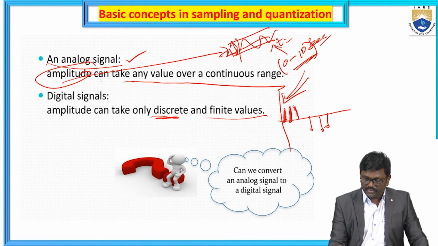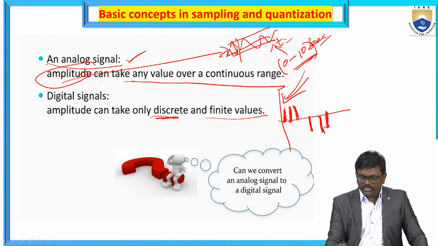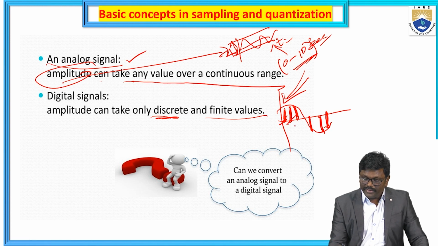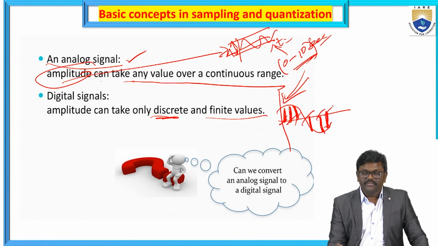These are the instants. This is actually a continuous signal, but these discrete points are considered as the digital signal data.